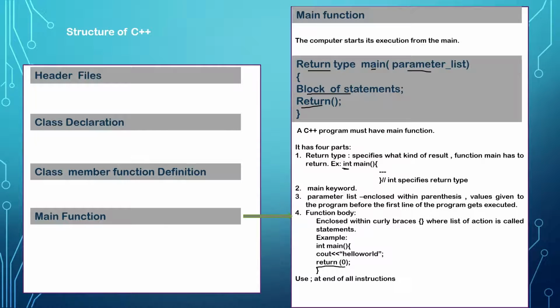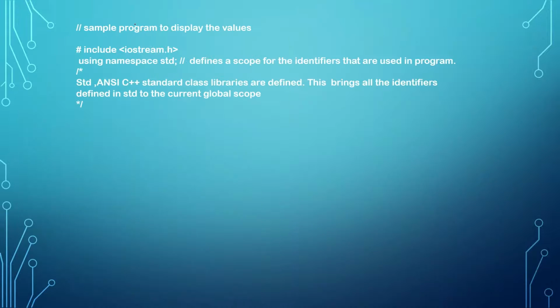Now let us see an example C++ program. Let us create a sample program first. The first line of the code is hash include iostream.h, where you include the header file.